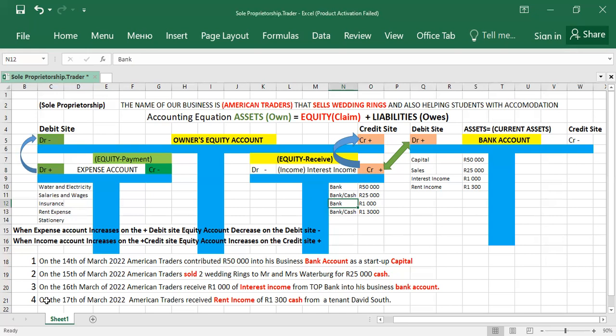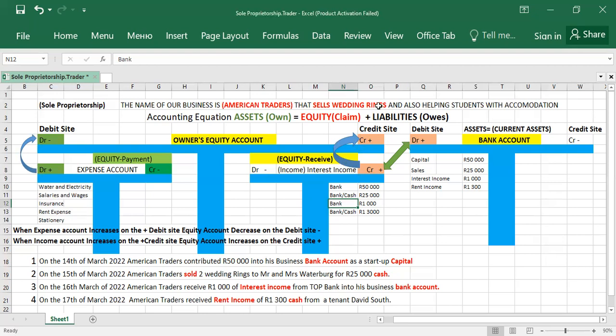The last transaction says, on the 17th of March 2022, American Traders received rent income of 1,300 cash from a tenant, David South. Remember, the business is receiving rent income. Why?